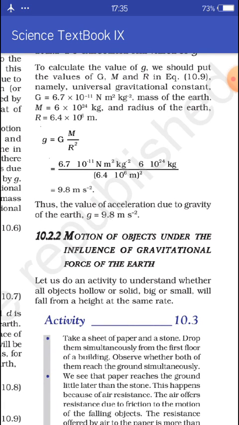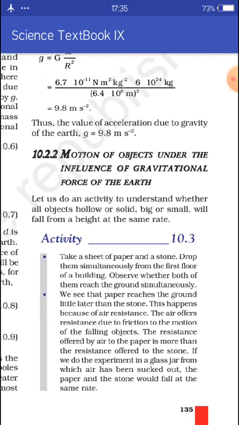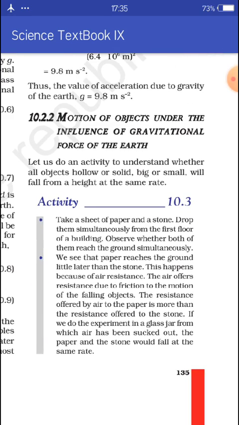Putting the values of G, M and R square, we get g equal to 9.8 meter per second square. Thus the value of acceleration due to gravity of the earth is 9.8 meter per second square.